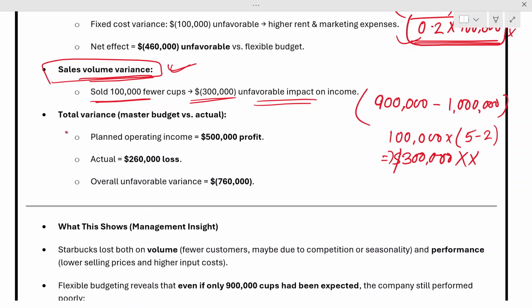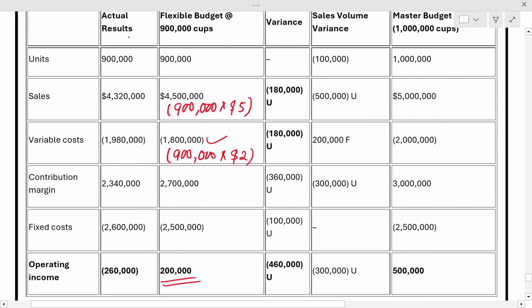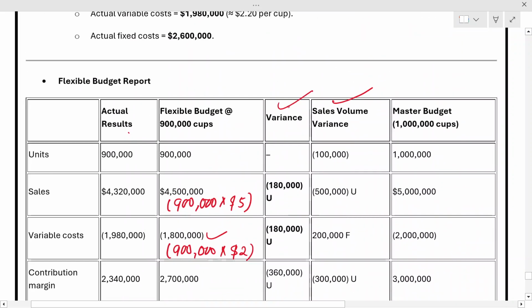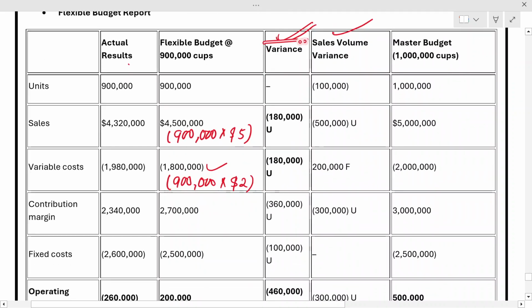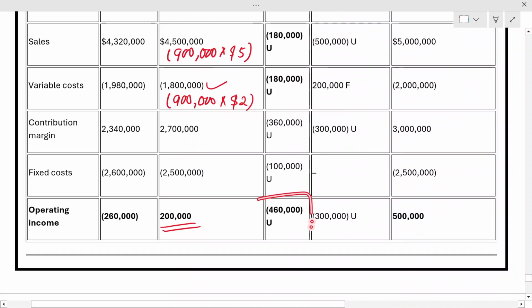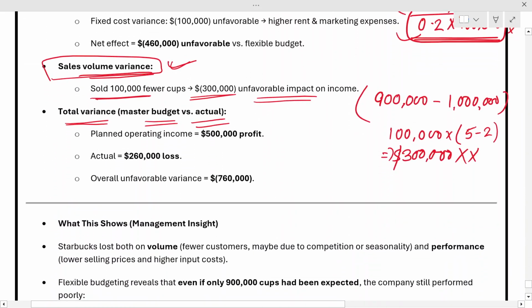Finally, if you want to compare your master budget with actual, you can also do that. But overall this was your flexible variance, which you saw here as 460,000 unfavorable.